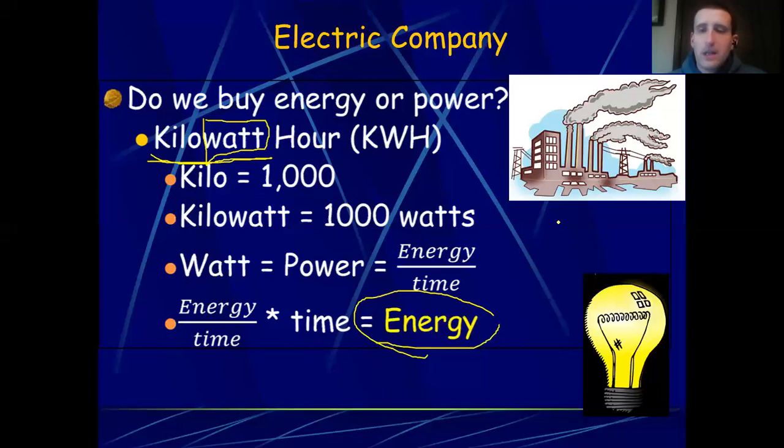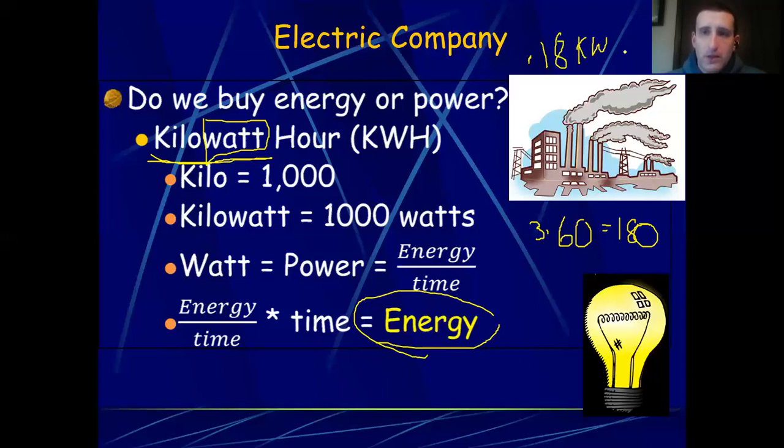If you had a standard bedroom light that had, say, 3 60-watt bulbs, that would be 180 watts. So if you left your bedroom light on during the dinner hour for a whole hour, that would be 180 watt hours, which would come out to be 0.18 kilowatt hours.